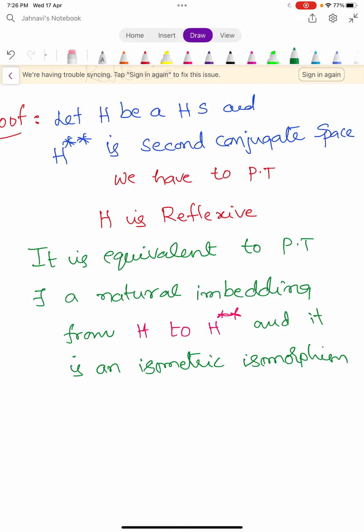Please observe that our aim is to show that H is reflexive. To prove that, it is equivalent to show that there is a natural embedding from H to the second conjugate space, and the same natural embedding is an isometric isomorphism. So this is our aim.